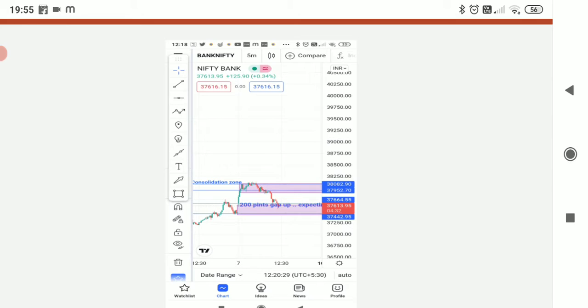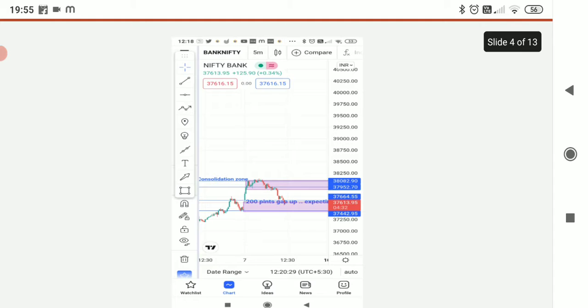How would you know where the trend is going to stop and pull back? We all know, Bank Nifty traders, that resistance is there at 38,000. So it went there. It tried to move above the 38,000 resistance level, but it was not successful.